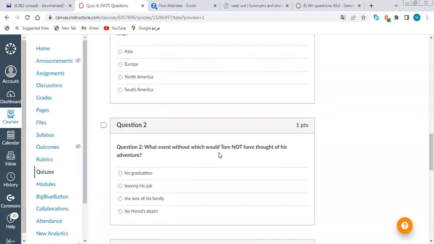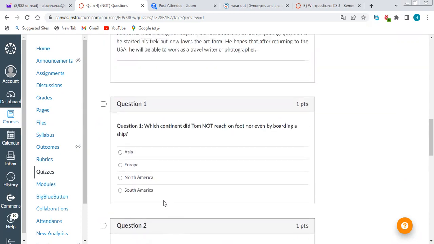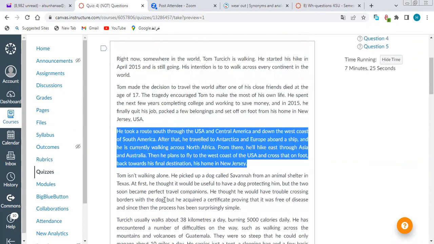Which event? His graduation, leaving his job, the loss of his family, فقدان عائلته, or his friend's death.